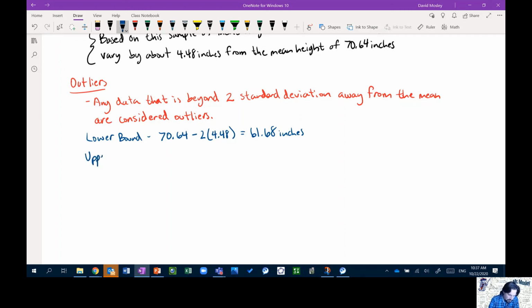For the upper bound, we take that same 70.64 mean and we add 2 standard deviations, 2 times 4.48, and that gets us 79.6 inches. Okay, so any value above or any height greater than 79.6 inches would be considered an outlier on the high end.